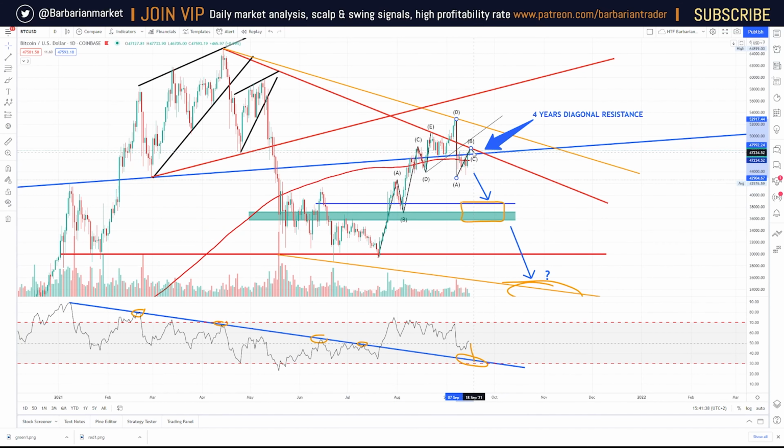So in case of a fast move, I think it will be a good area to have a look. It's like, let's say 35, 36,000 up to 39,000, maybe even 40, because it is very possible for them to go and do some stop loss hunt.